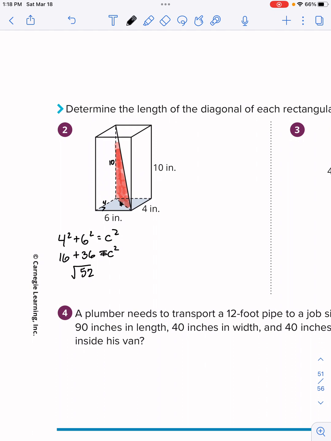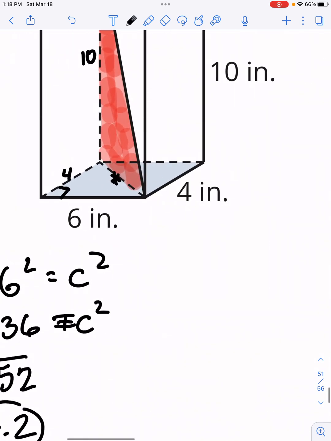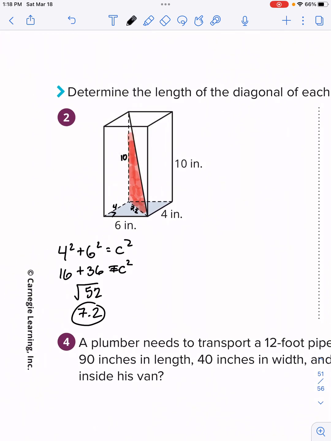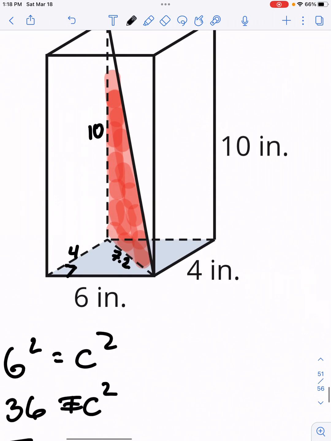If you plug it into your calculator, I'm just going to give it to you, this is 7.2. That tells us that this right here is 7.2.